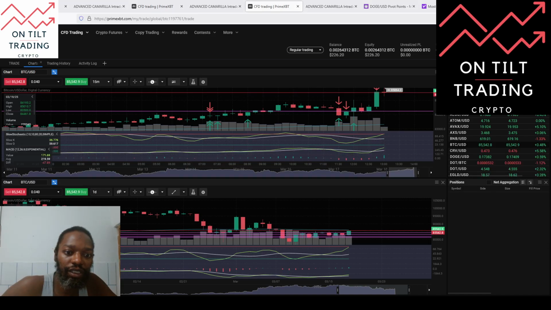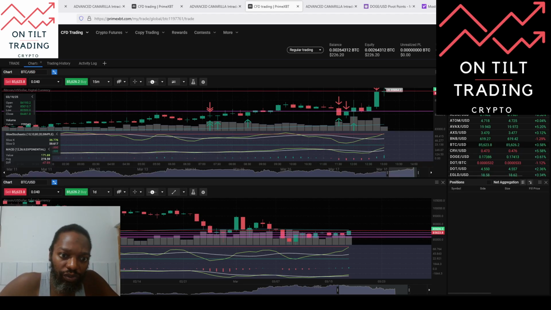On this first entry, the first error that I made is I was using my indicators to try to time the move, as in where the buying starts that initiates the breakout of the R4 level. This is R4.